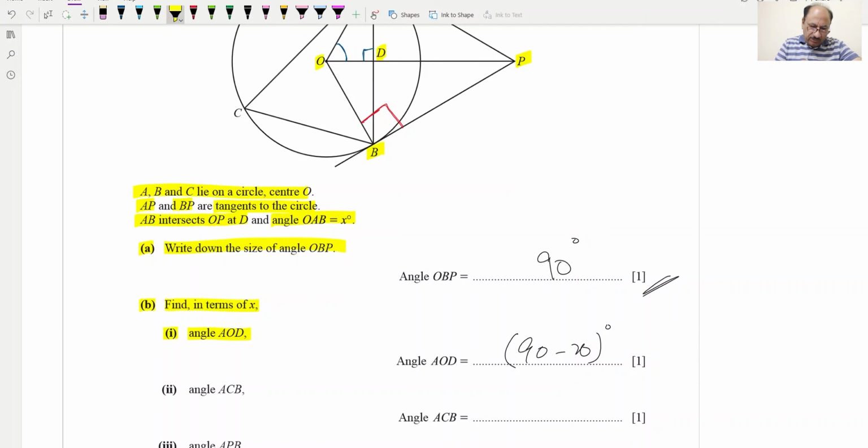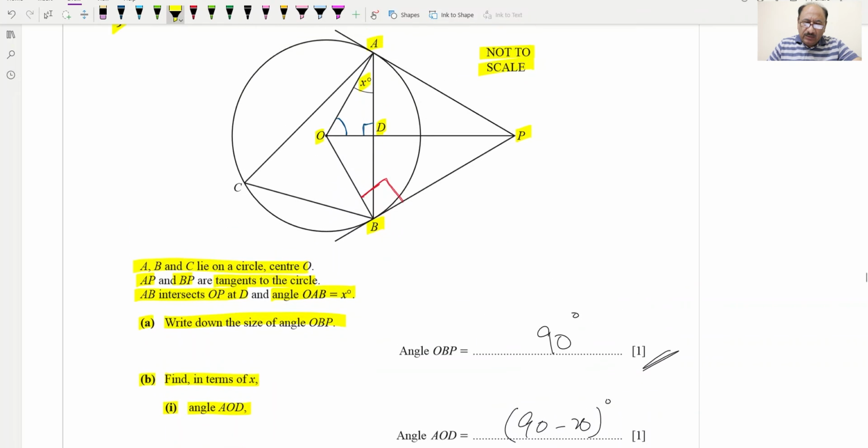Next, second part, angle ACB. ACB is this angle, which is half of this complete angle. The angle at the circumference is half of the angle at the center.